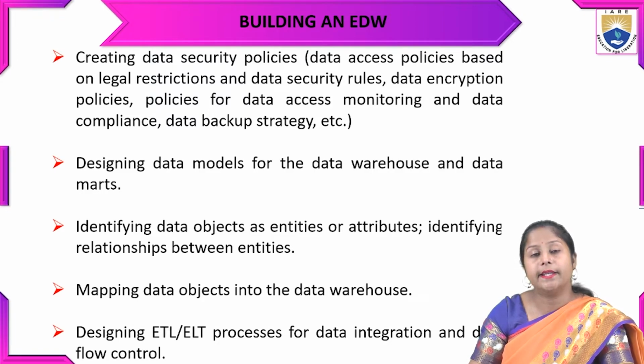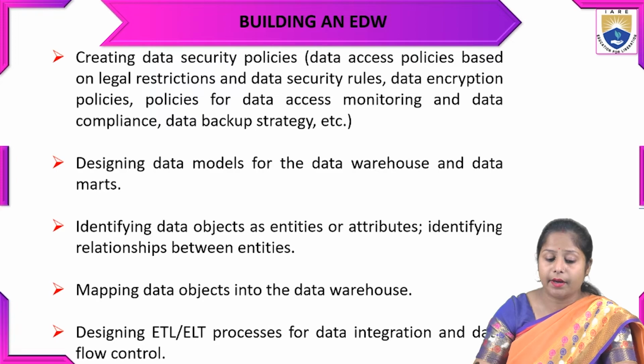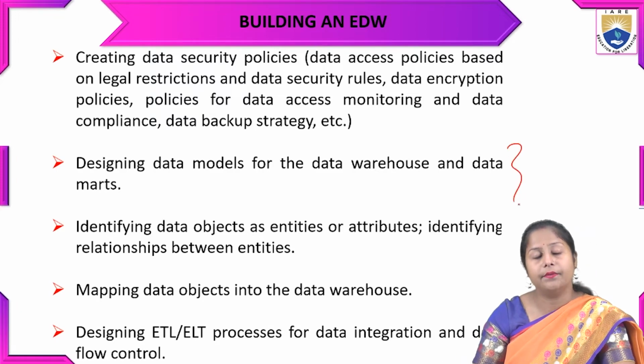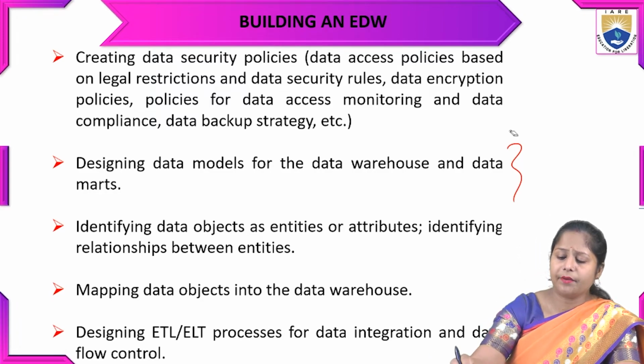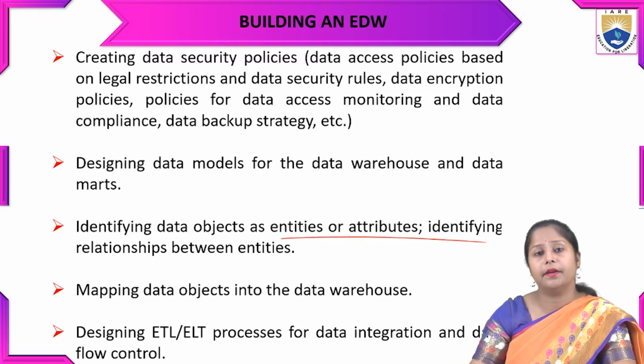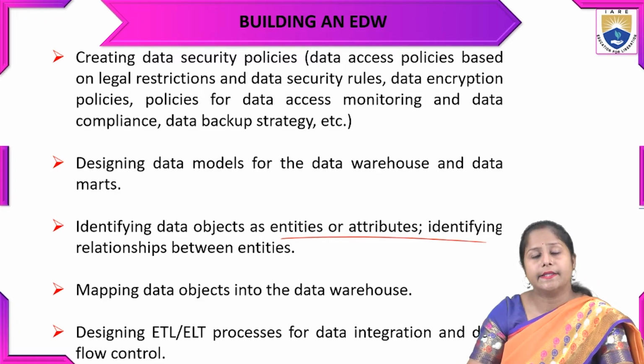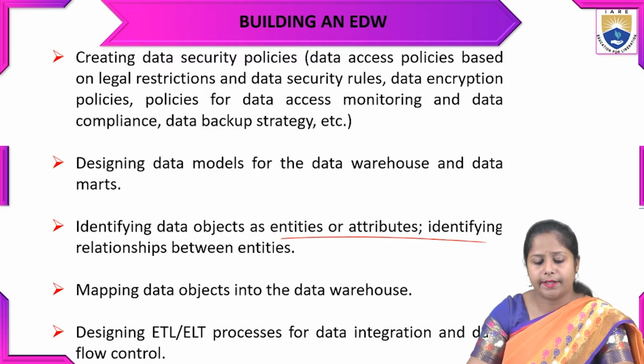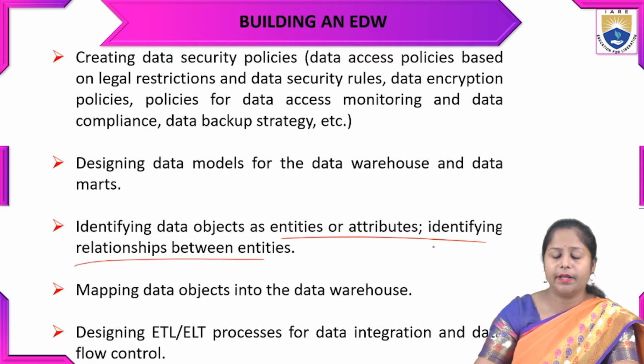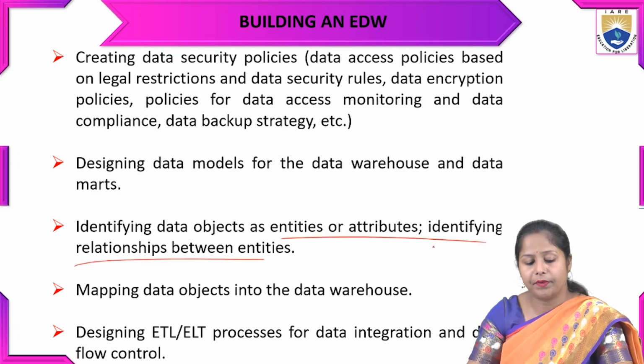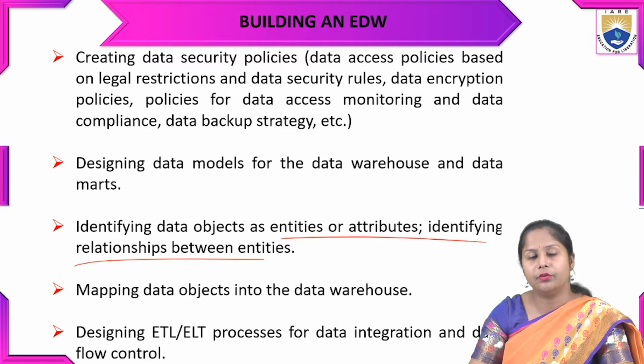Next, we have to design the data model for the data warehouse as well as for the data marts. If we have created some marts, we have to design the data model here. Next, we have to identify the data objects, as entities and as attributes, that identify the relation between the other entities.